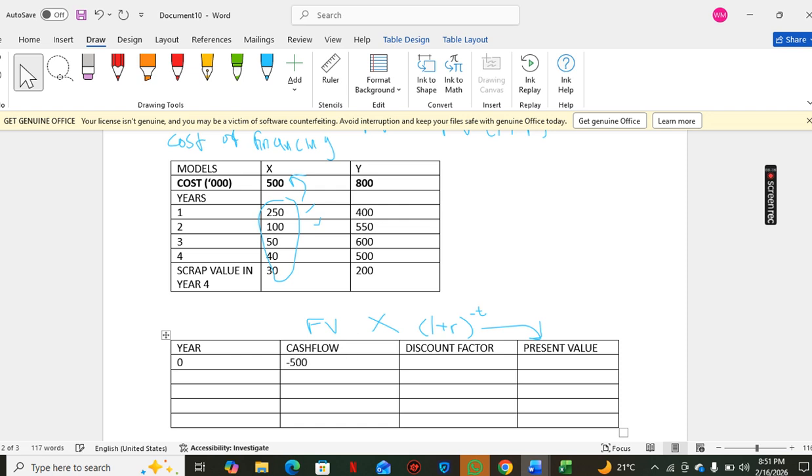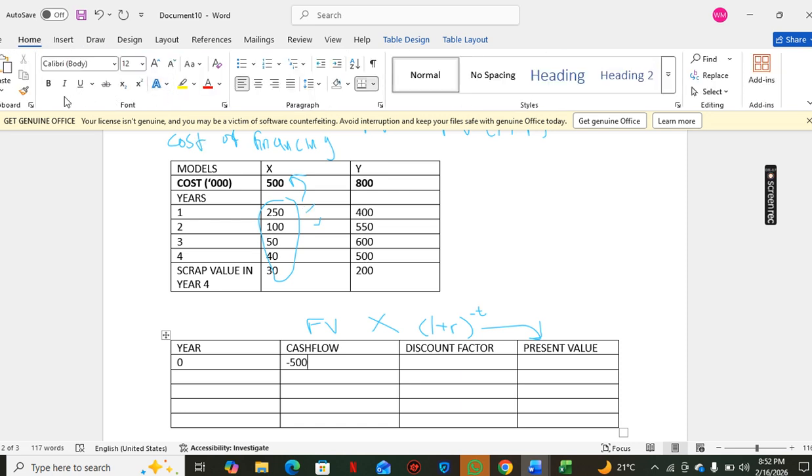Negative 500,000. Discount factor here, we're going to put 1.12 to the power, since it's year 0, negative 0.